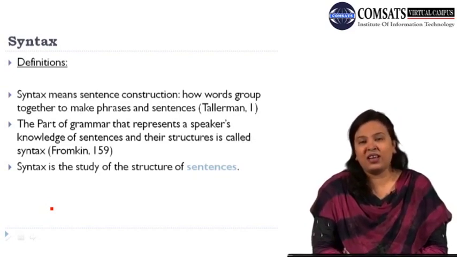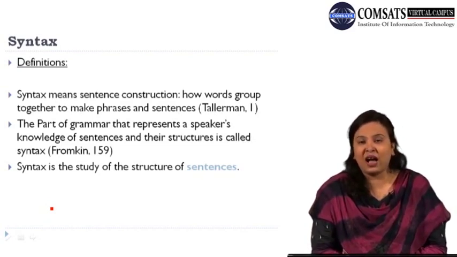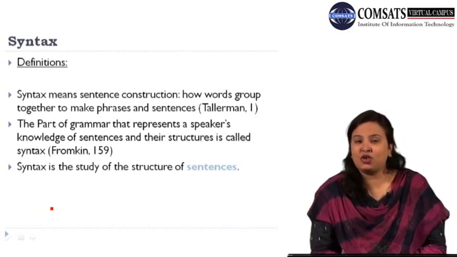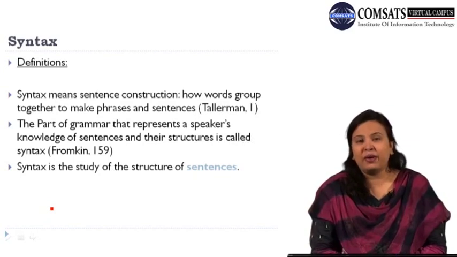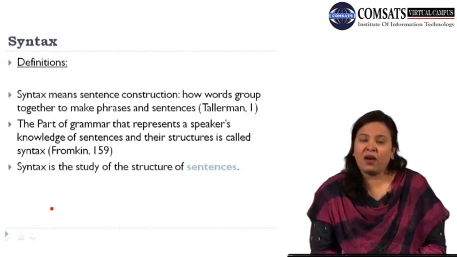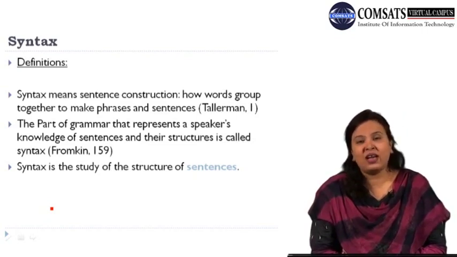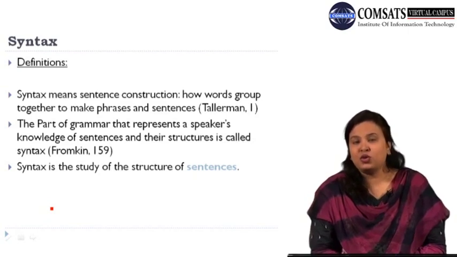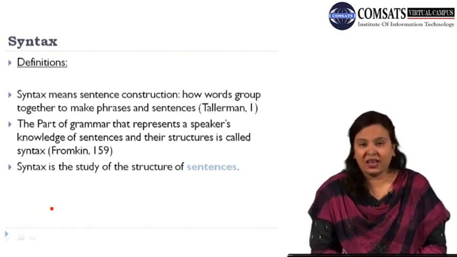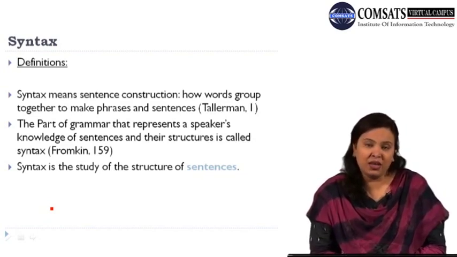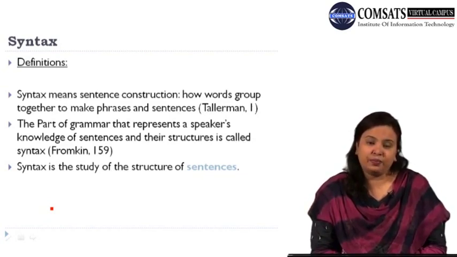Now, I would like to make it clear that sentences do not simply mean a combination of words following certain grammatical rules; sentences should follow two rules: they should have certain grammatical features, and they should convey certain meanings. So the combination of words in grammatical order plus creating a meaning, thus making sentences, is known as syntax.